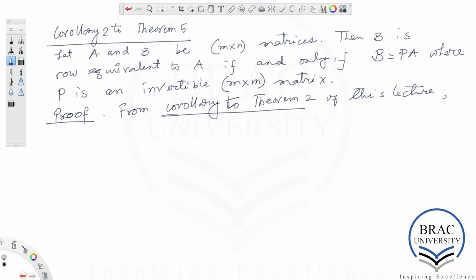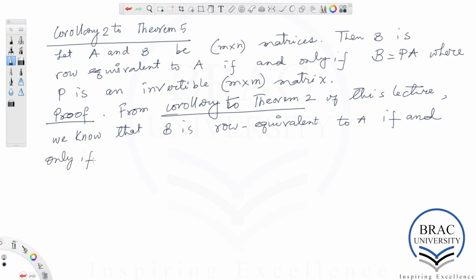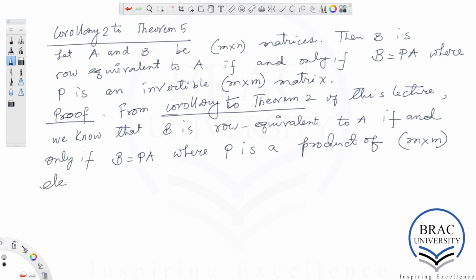Okay, so from that result we know that B is row equivalent to A if and only if B is equal to PA, where P is a product of m times m elementary matrices. We're just applying that corollary to theorem 2.